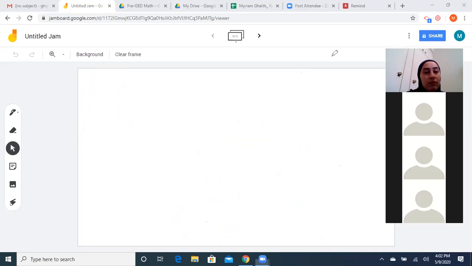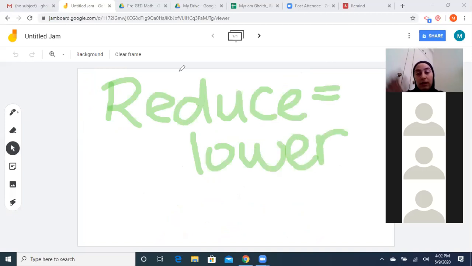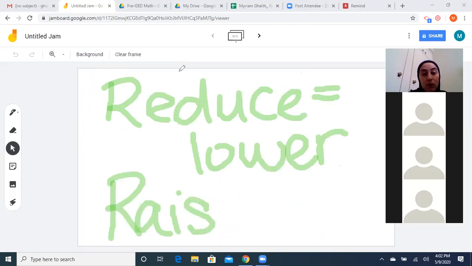Lower terms. It means lower, take it down, right? And the opposite of taking down would be higher, or raise, right?